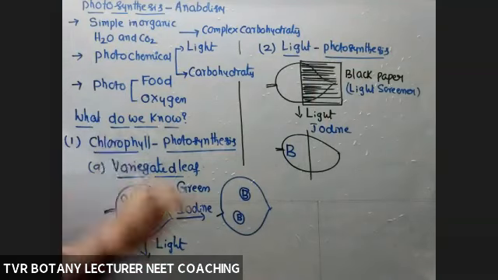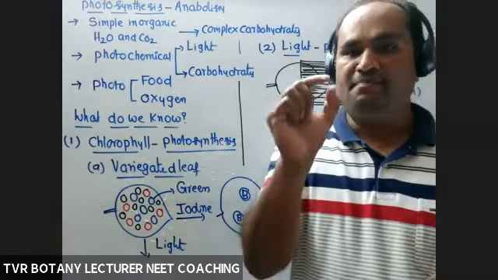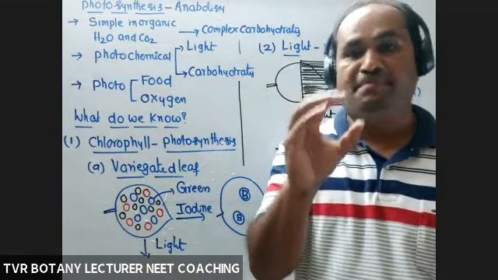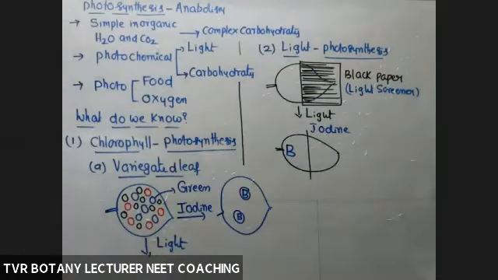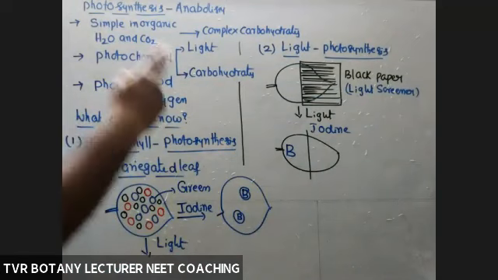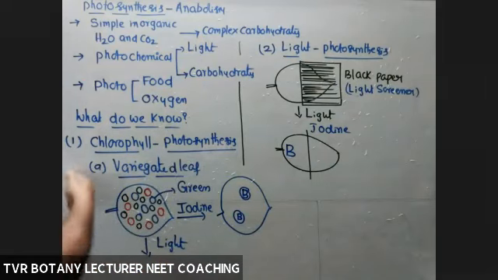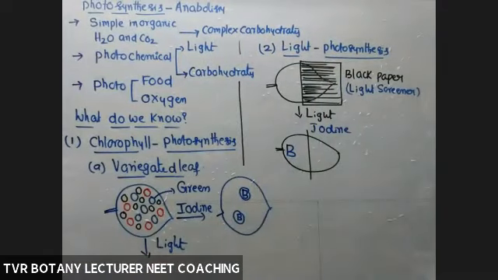But in your textbook, the given statement to demonstrate the importance of chlorophyll and light, green part and light, says two types of leaves are required. In one sentence, they explained both experiments: the importance of the green part, chlorophyll, and the importance of light in photosynthesis.